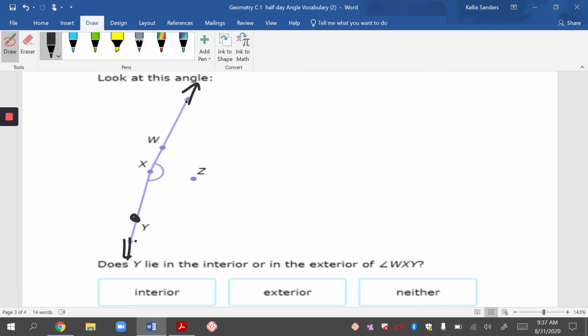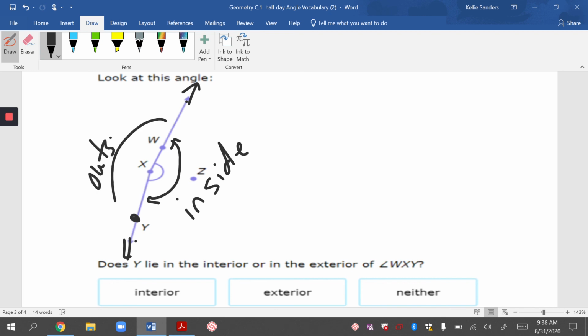This would be the inside, because it would be a smaller angle inside. This would be the outside, because the angle is bigger than the other one. But where is Y? Y is part of that angle, so it's not on the interior or the exterior. It's neither.